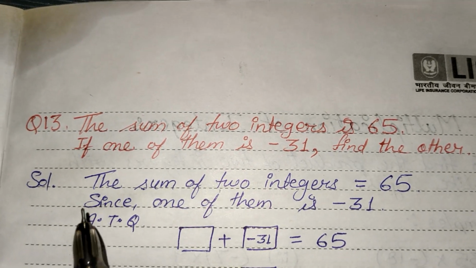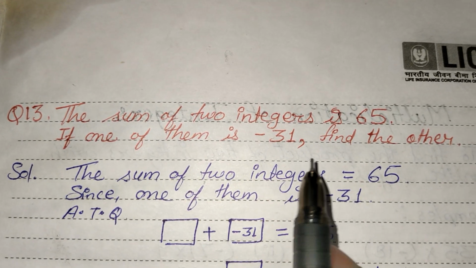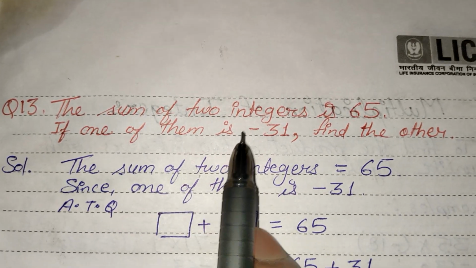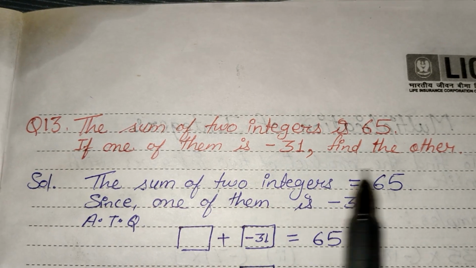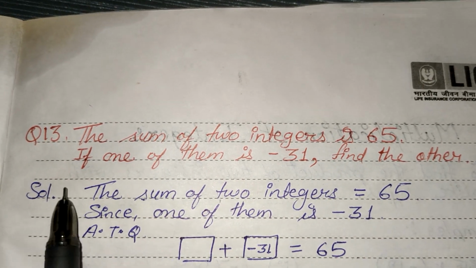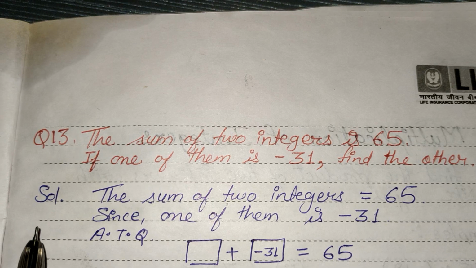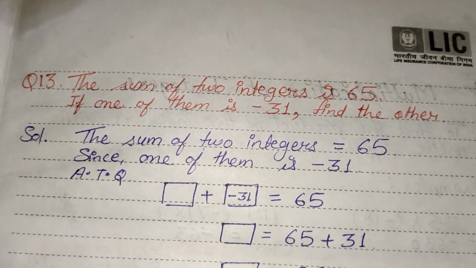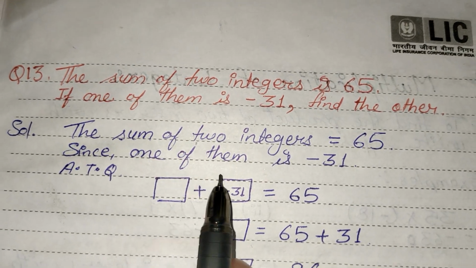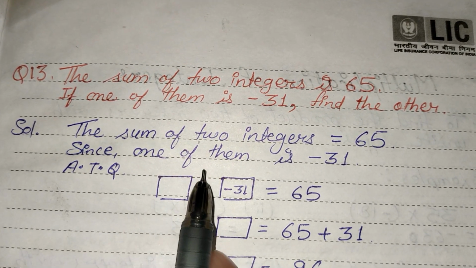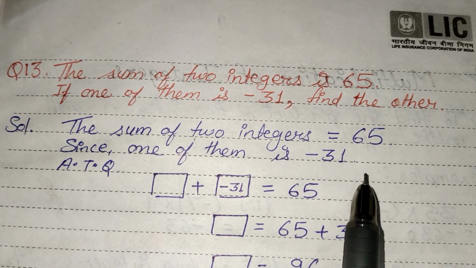Question number 13. The sum of two integers is 65. If one of them is minus 31, find the other. So question number 13 is the same as question number 12. Now see the solution. The sum of two integers is given. One of the integers is minus 31.